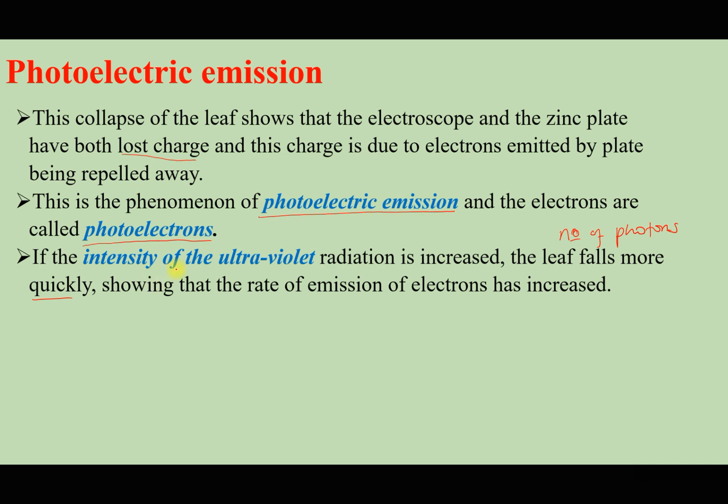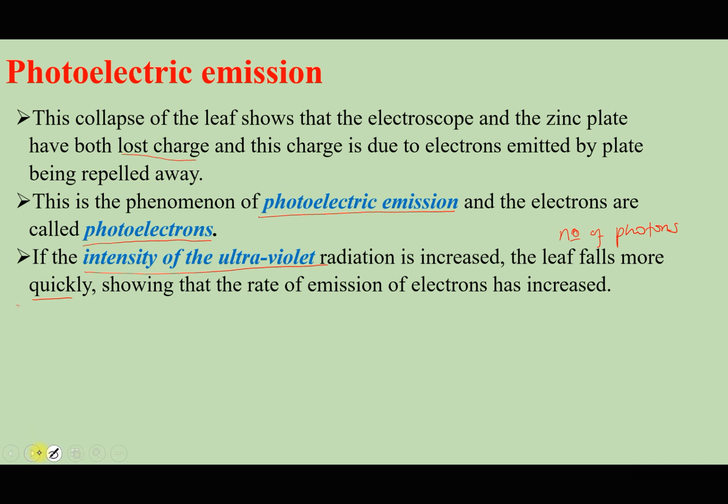So if the intensity of ultraviolet radiation is increased, the leaf falls more rapidly, showing that the rate of emission of electrons has increased. Therefore, the rate of emission of electrons is directly proportional to the intensity, as long as the incident radiation has enough energy.